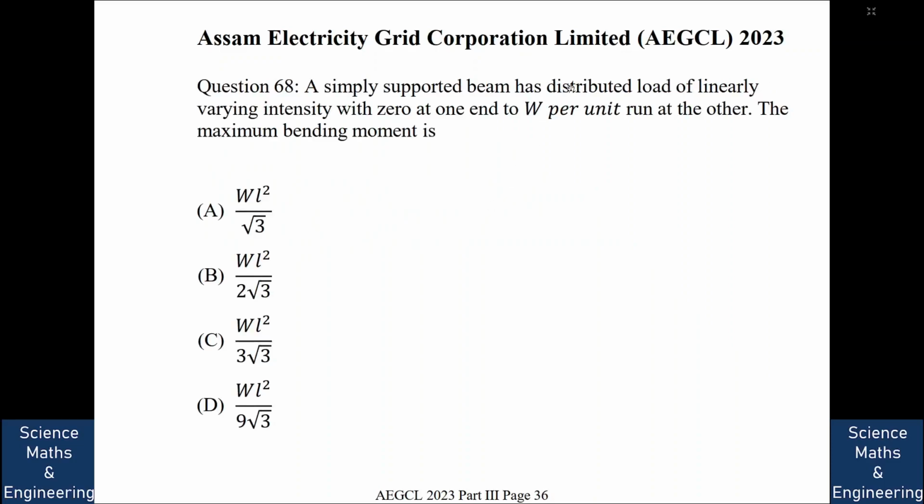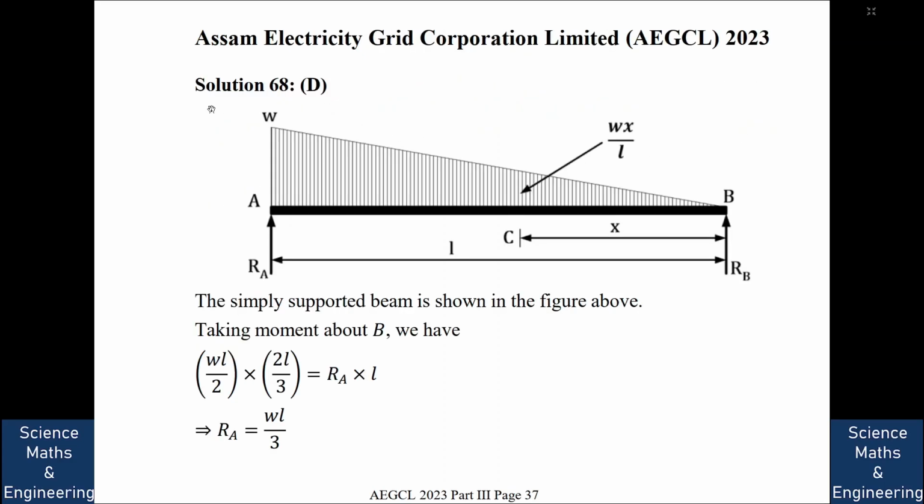A simply supported beam has distributed load of linearly varying intensity with 0 at one end and W per unit run at the other. The maximum bending moment is, so the answer is, see, this is the figure. So it is W here and 0 here. So at the distance x, it would be W into x by L, right?